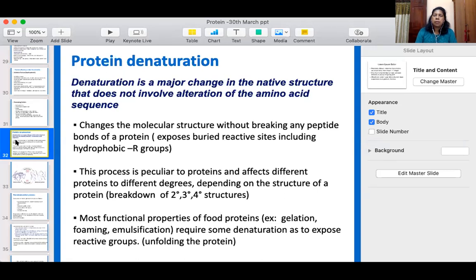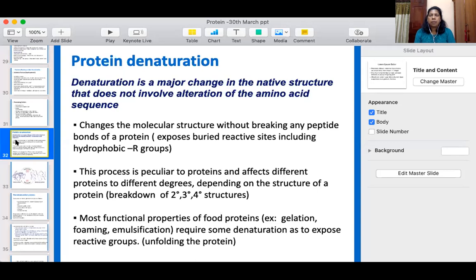This process is peculiar to proteins and affects different proteins to different degrees depending on the structure of a protein. This protein denaturation affects different proteins in a different way, because different proteins have different buried sites. The number of buried sites, the size, the charge, or the type of these reactive sites are different.